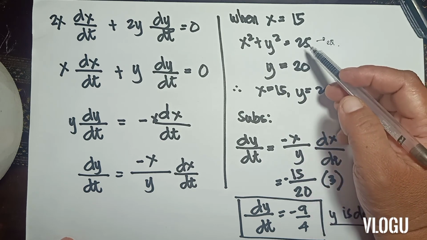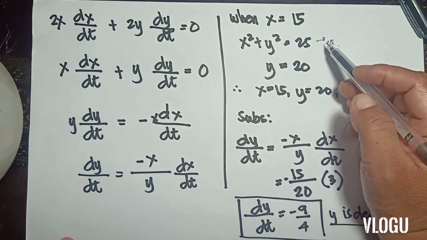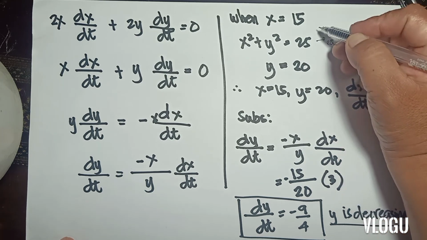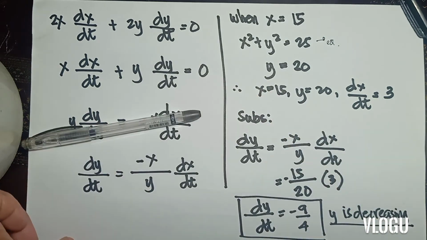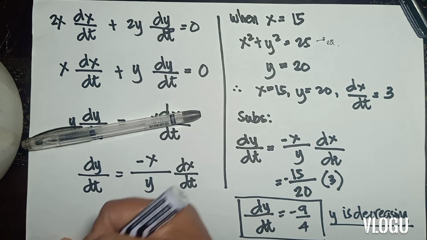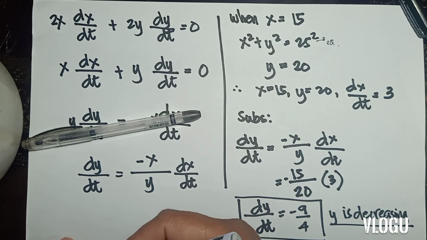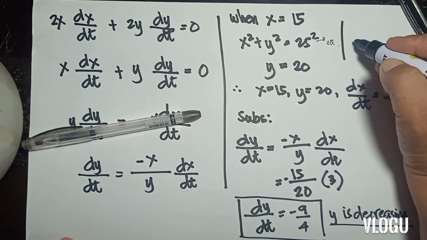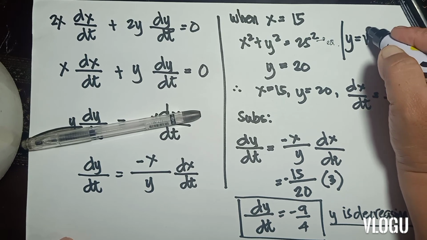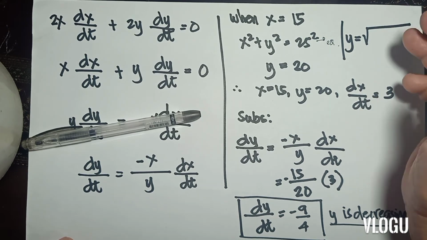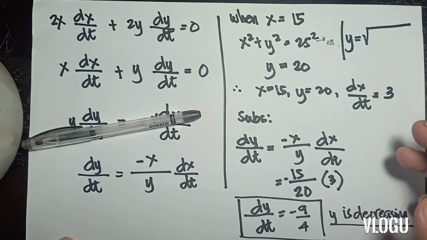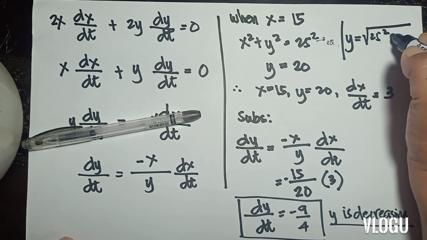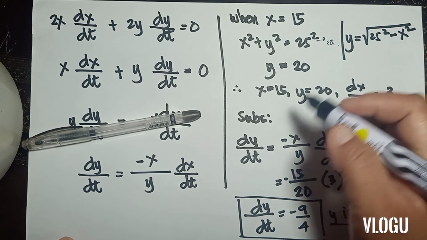So y is equal to the square root of 25 squared minus 15 squared.